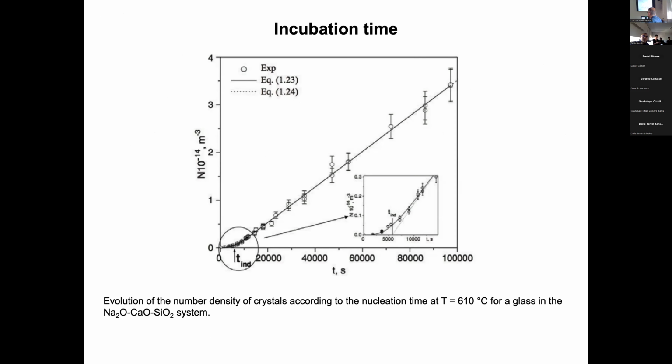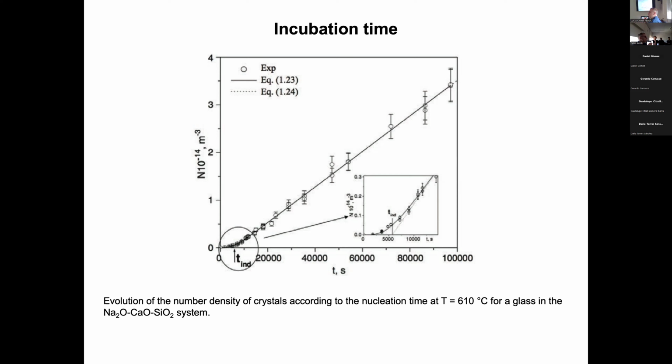Now we introduce the effect of time, because so far we said this is happening without time. What we observed experimentally is that when you move from a pressure and temperature condition above the liquidus, where no crystallization is promoted, to a subliquidus condition, a certain undercooling, you don't have an instantaneous nucleation.